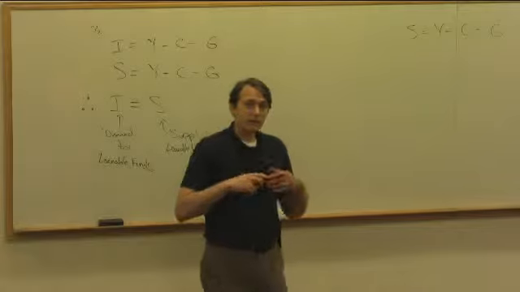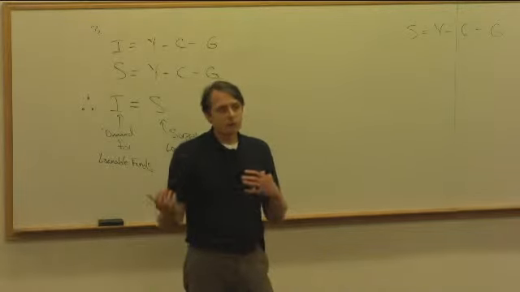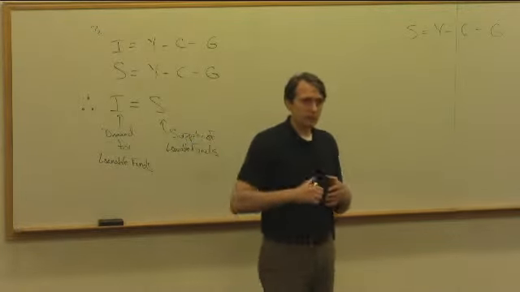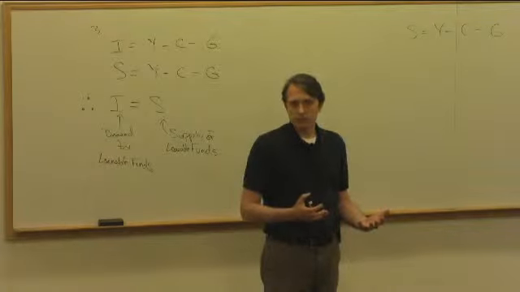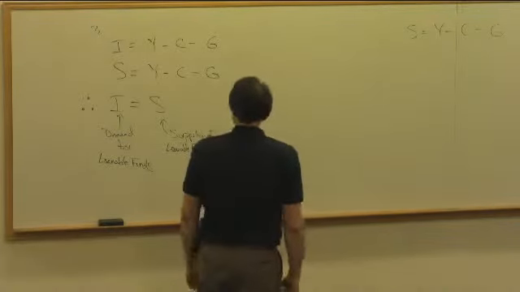What we want to talk about next is actually talk about the model that shows how the real interest rate is going to adjust to make sure that investment is always going to be equal to savings. So we'll call that B in our outline.